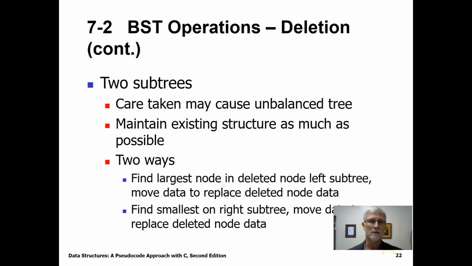There's a couple of ways of doing this. One, you can find the largest node, and then you can delete that node and move the data to replace the deleted node. Or you can go find the smallest node in the right subtree, and then move the data.